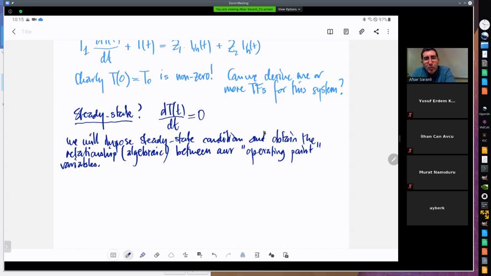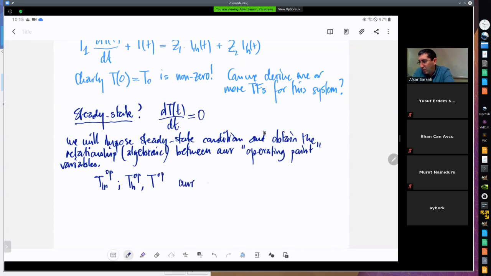I call these operating point variables because remember that this will be a choice, because any set of variables satisfying that relationship will be in agreement with the steady state condition. Okay, so let's call our operating values T in OP, TH OP and T OP.